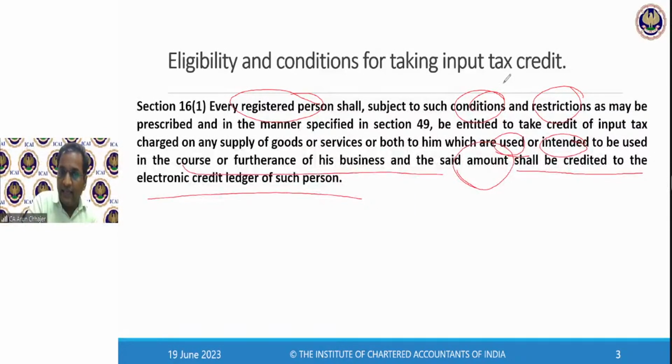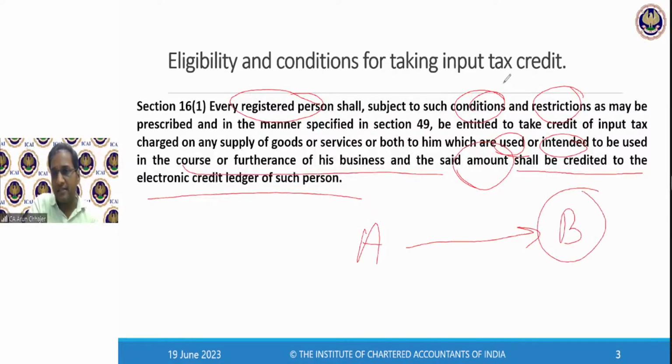Let's say A is a supplier and B is a customer. B has purchased certain goods worth rupees 1 lakh and there is a GST of, let's say, 5,000. Can you please tell me how this 5,000 shall be credited in the electronic credit ledger? Can anyone tell me?